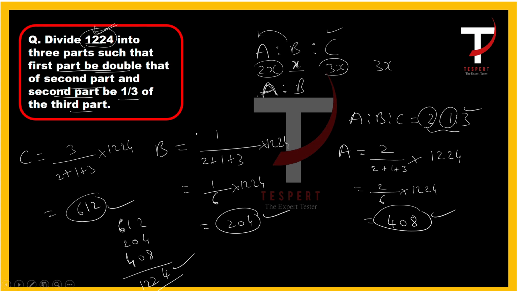So we divided this 1224, nothing extra, nothing beyond this. We divided this in the ratio of this condition. What is the condition? That the first part must be double that of the second part, which is A must be double that of B, and the second part must be 1/3 of the third part, right? So C is 3 times B. In other words, B is 1/3 of C, right?